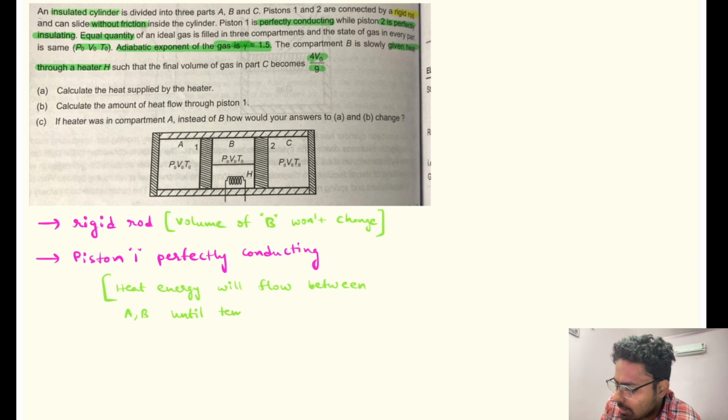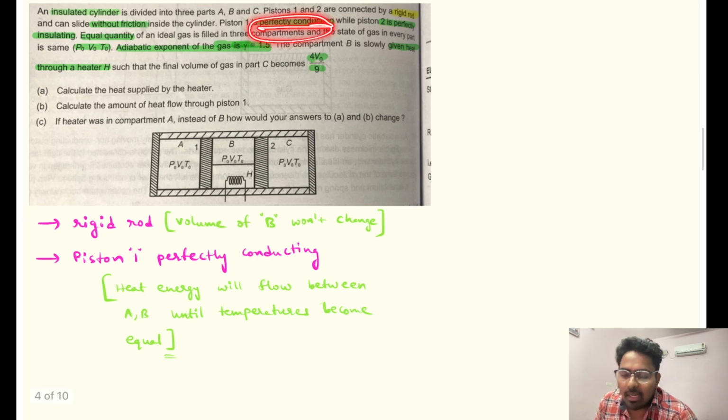Till the temperatures become equal, heat will flow from one compartment to the other, between A and B compartments.